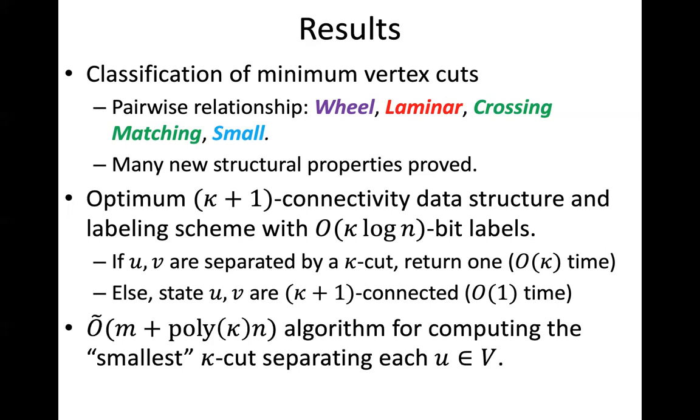To build this data structure, we solve an interesting subproblem, which is to compute, in near linear time, the smallest vertex cut separating every vertex from the rest of the graph. By smallest here, I mean the one that lops off the smallest number of vertices containing each target vertex u.